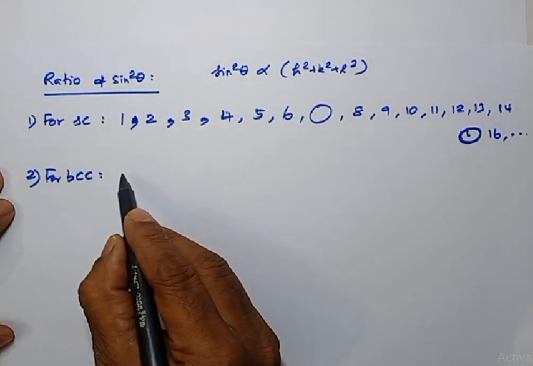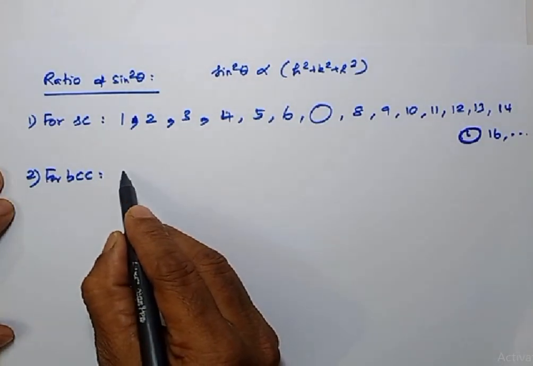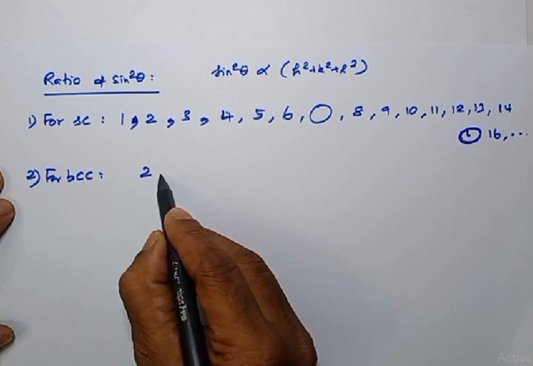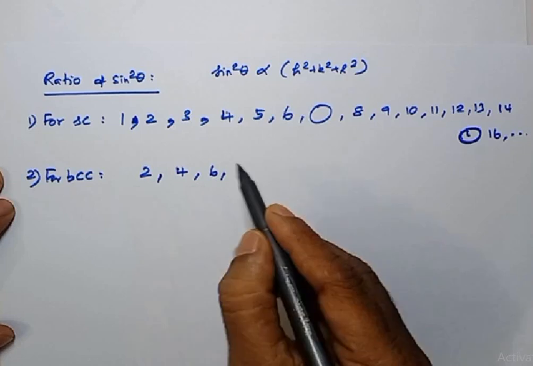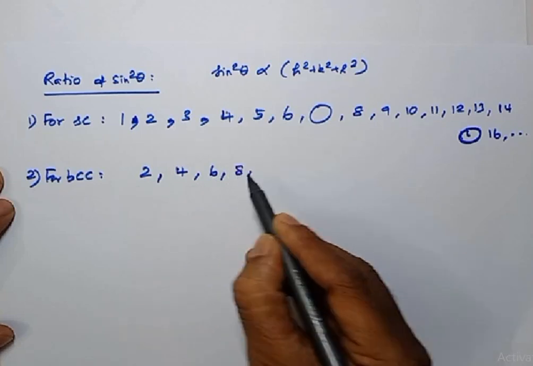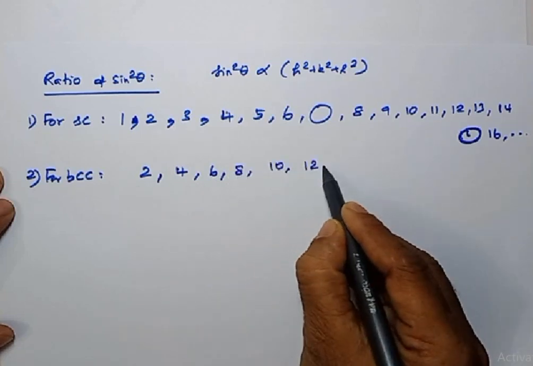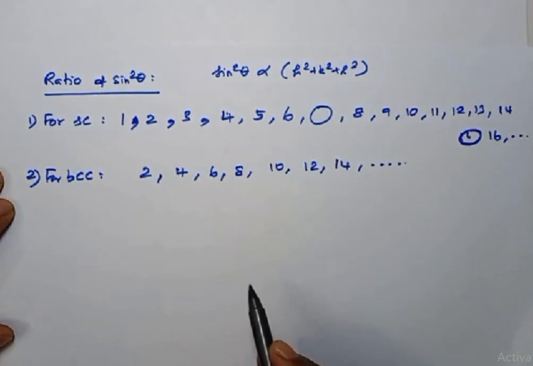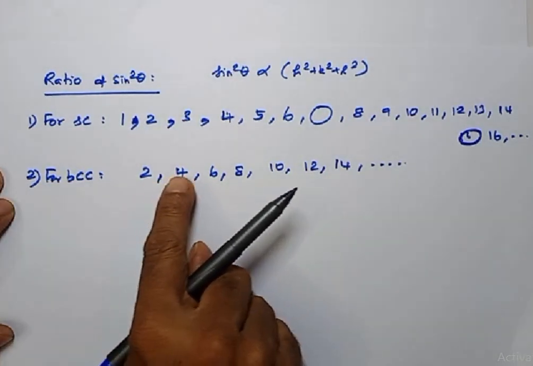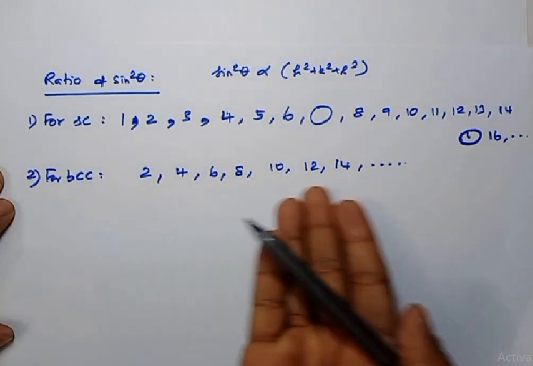Listen, we get a peak at 2k, then 4, then 6, all even, right? 2, 4, 6, 8, 10, 12, 14, etc. It goes 2k, 4k, so for us these numbers are very clear.